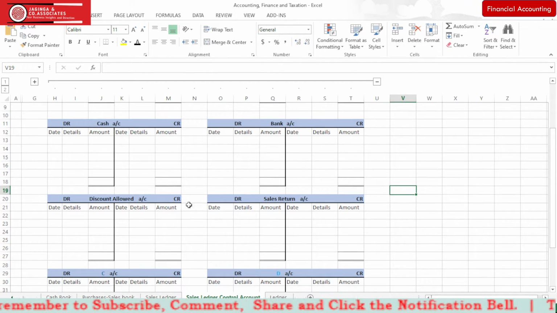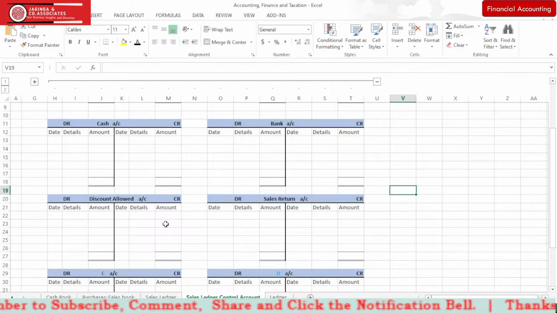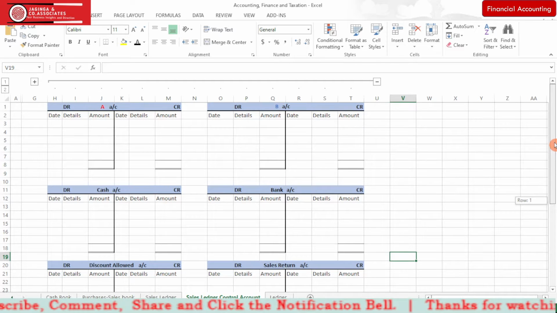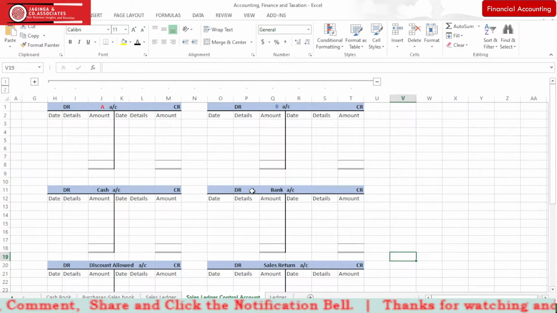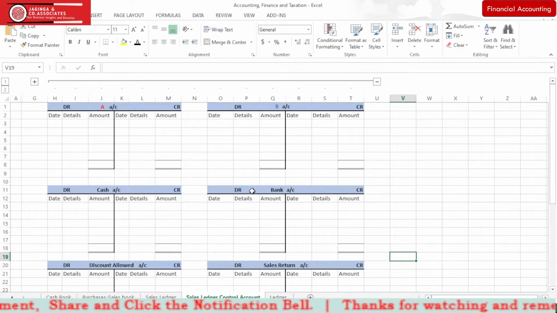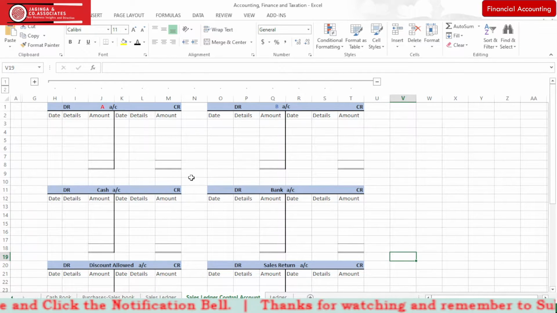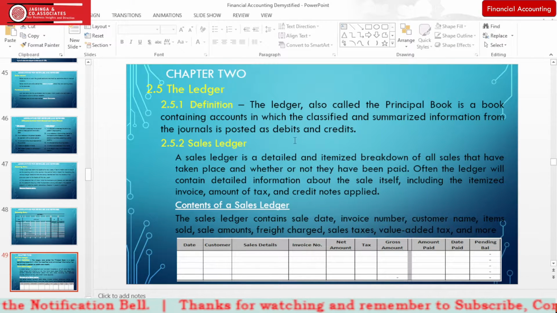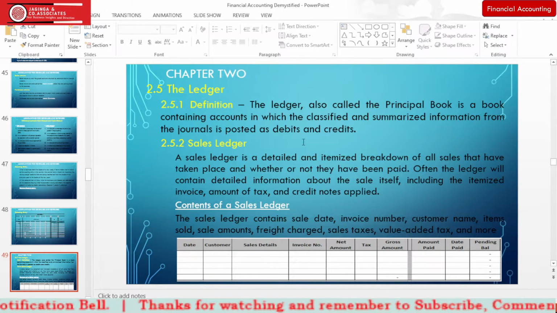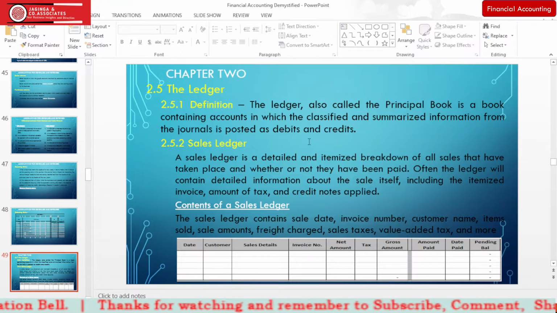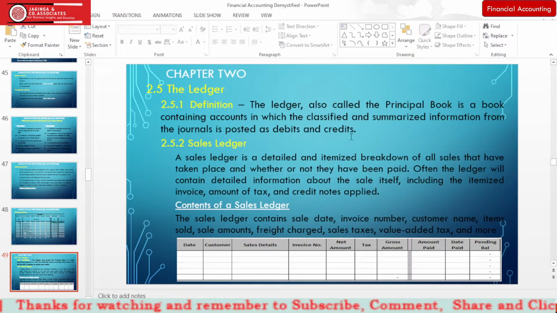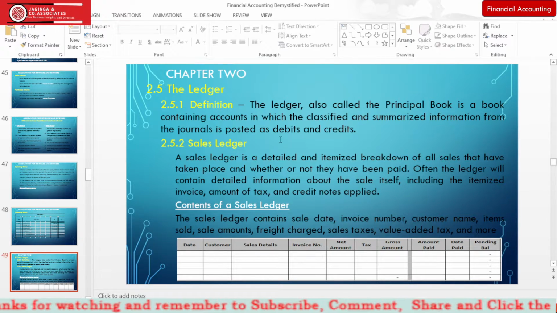So when we put all these accounts together, we call that ledger. So ledger is just a group of individual accounts summarized together. And then let me take you back to the definition still. I hope you understood what is meant by the ledger.